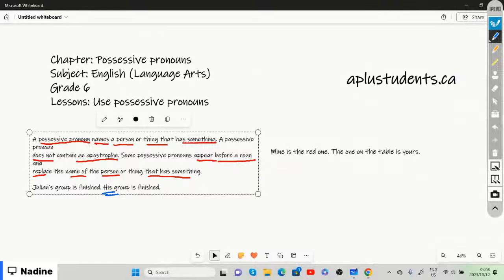And his basically refers to the person or thing that has something. So it's like saying his group is finished.